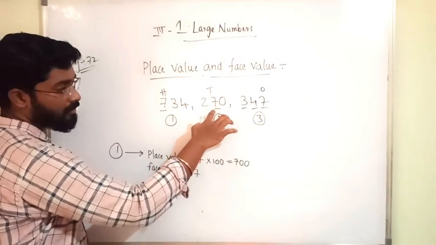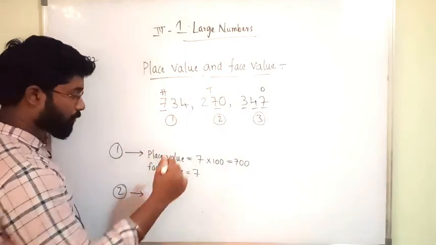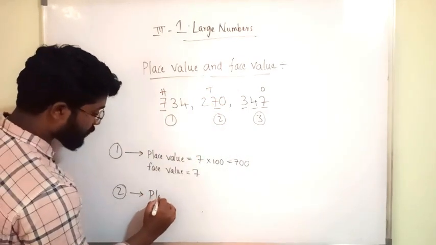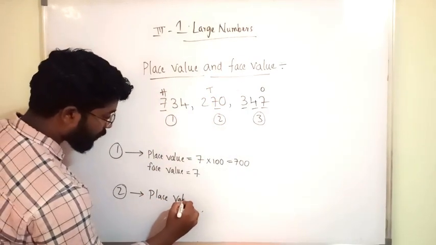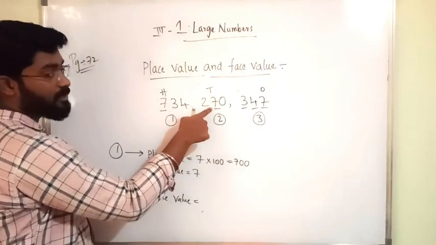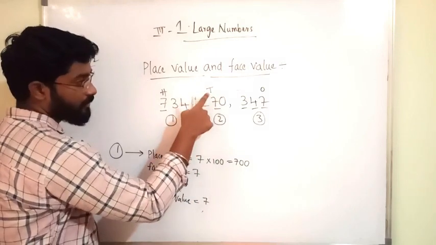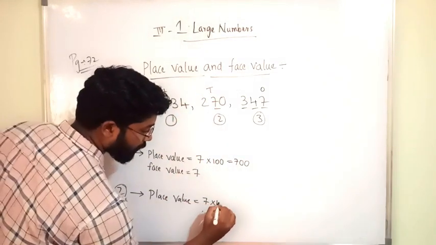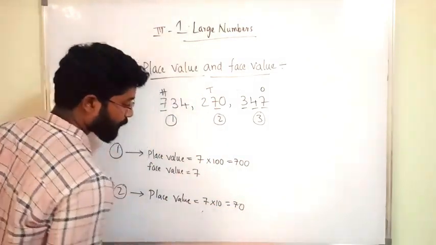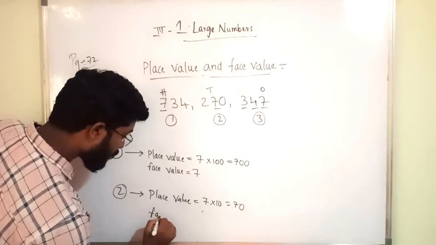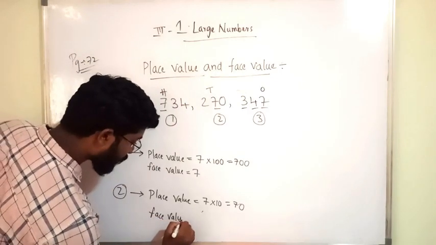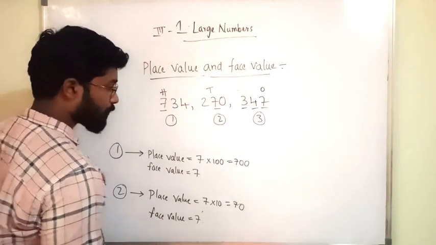Next, let us check the second number. Here 7 is in which place? Tens place, no? Let us see the place value. Tens place, 7 into 10 equals 70. Face value is what? Equal to 7.